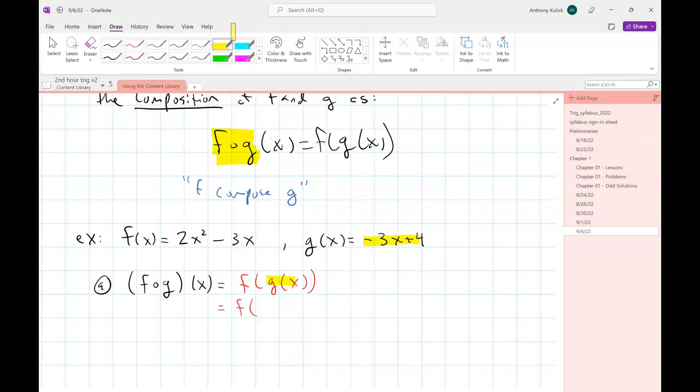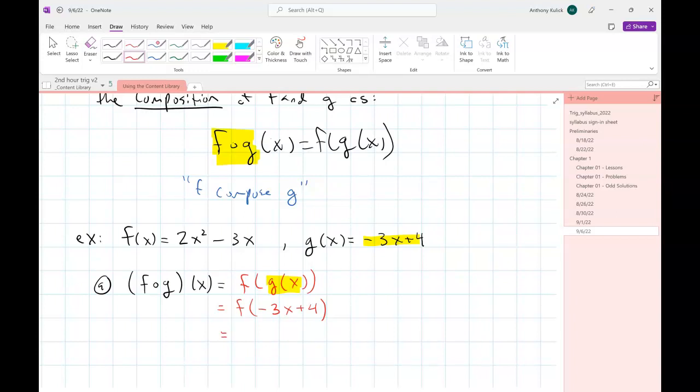So g of x, we're told, is the same thing as negative 3x plus 4. So in place of the g of x, I'm going to write negative 3x plus 4. Everybody so far so good? Now, when I have something inside of a function like that, what is that really telling us to do?